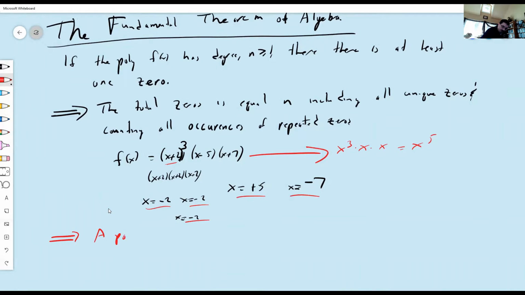So a polynomial has at most n x-intercepts, and related to that, at most n minus 1 turning points.